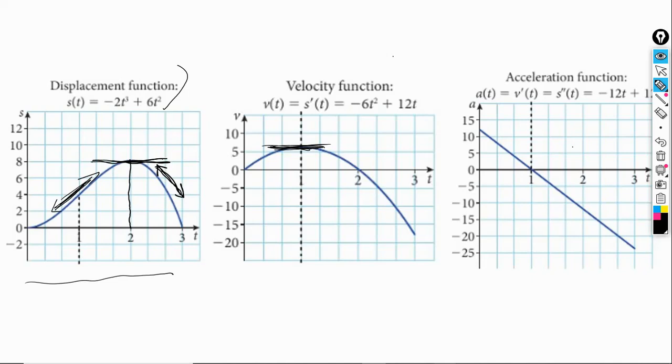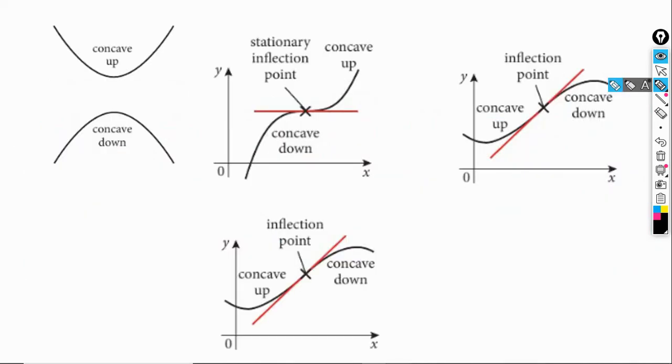Now notice that when velocity was 0, that's when we had that maximum displacement. And likewise, when acceleration was 0 here, that means that this is the point at 1 second where you had a maximum velocity.